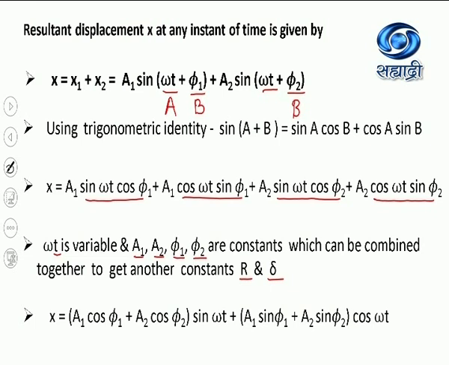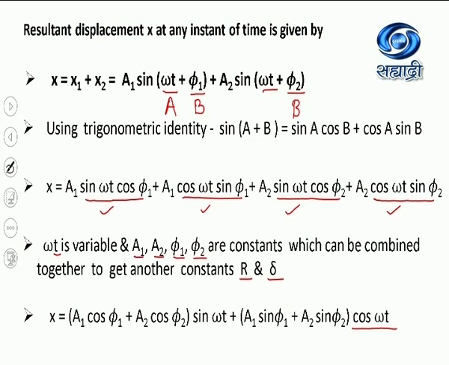From the first and third terms, sin omega t is taken common and the rest is taken in one bracket. Similarly, taking cos omega t common from the second and fourth terms, we get another bracket, a1 sin phi 1 plus a2 sin phi 2.